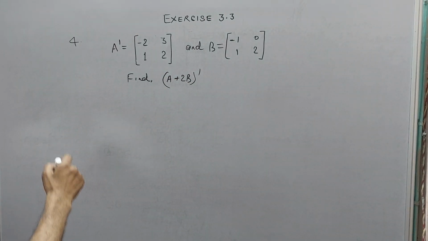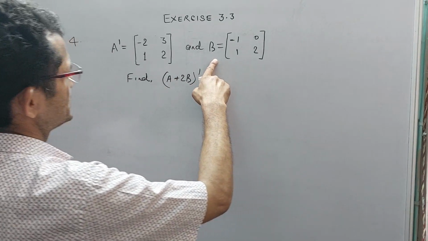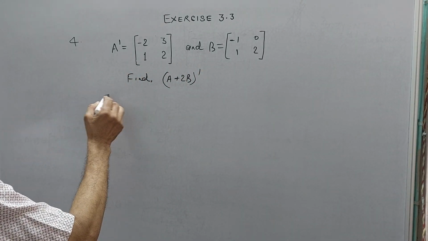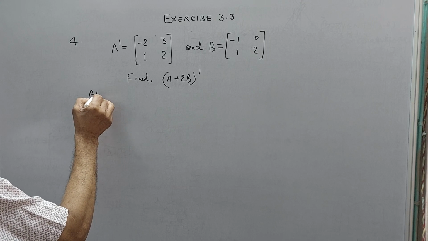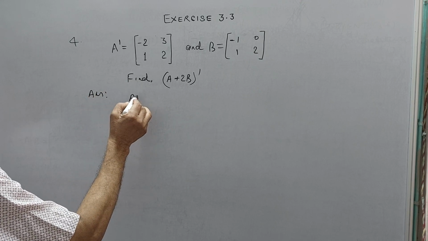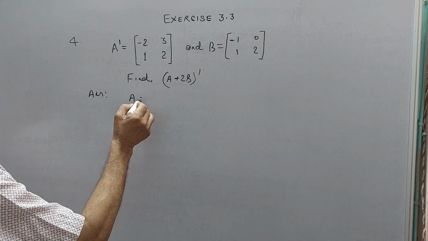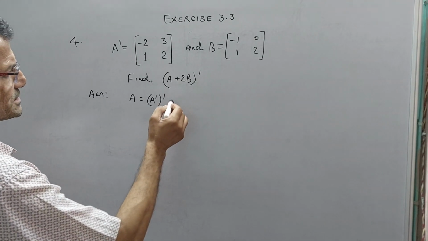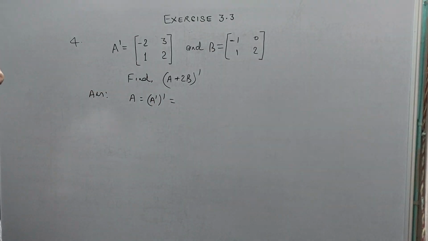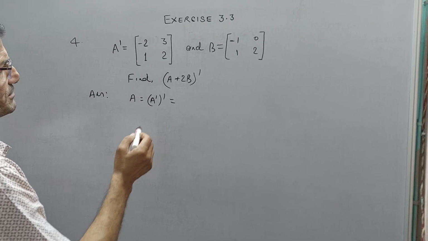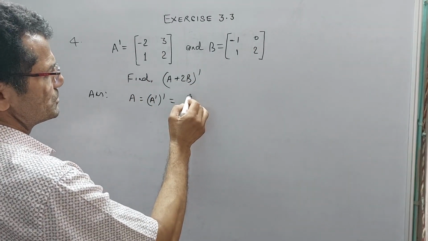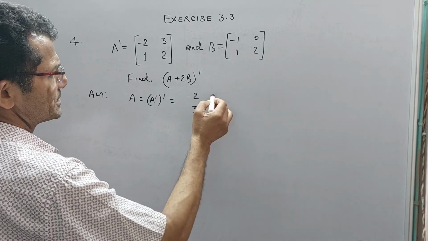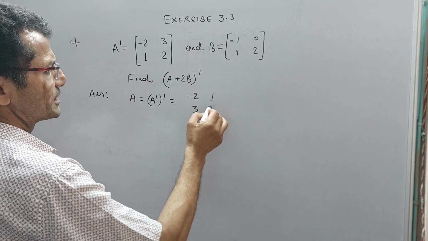We already have B, and we need A. For finding A, we take the transpose of A again; a double transpose gives you the original matrix. The first row becomes the first column, and the second row becomes the second column.